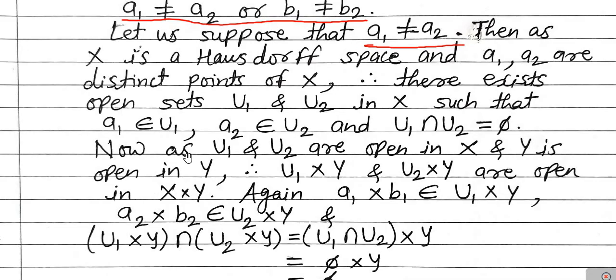Now, as U1 and U2 are neighborhoods, they are open in X, and we know that every topological space is open in itself.